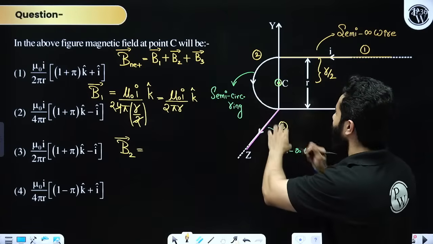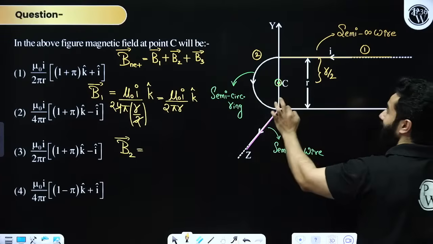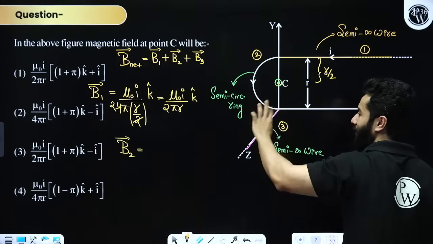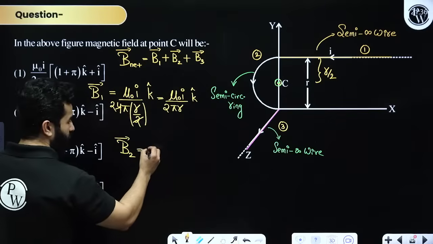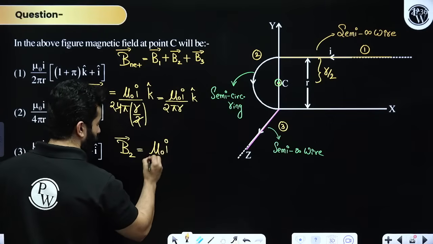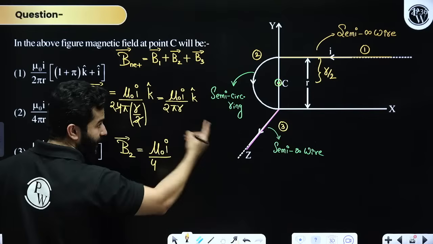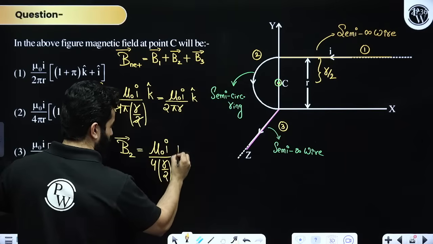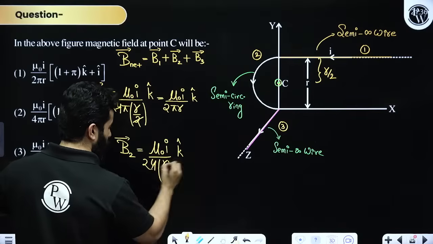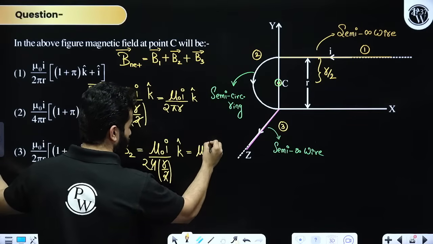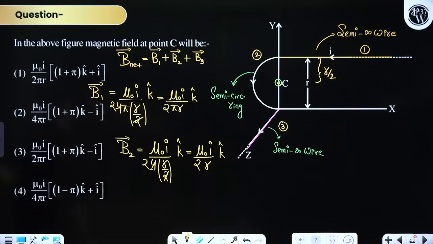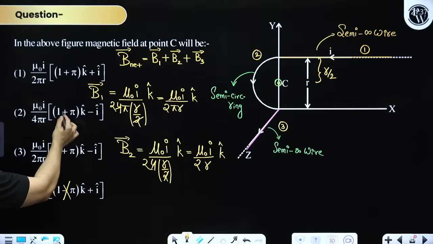That means the magnetic field will again be in k cap. Please remember, this is the x axis, this is the y axis, this is the xy plane, so the magnetic field will be perpendicular to the xy plane, that is k cap. So again we write mu naught I upon 4 pi r, with radius r by 2, and again k cap. So this will become 2, and finally you get mu naught I divided by 2r, in k cap. So first of all, this can't be correct because here we have got minus. Either it's going to be this, this, or this.